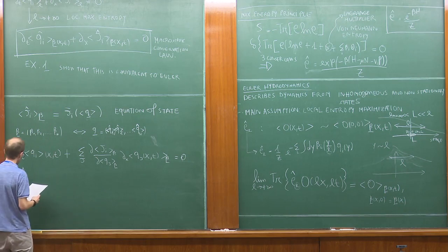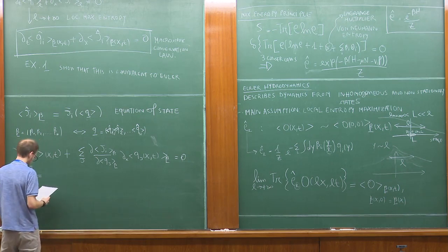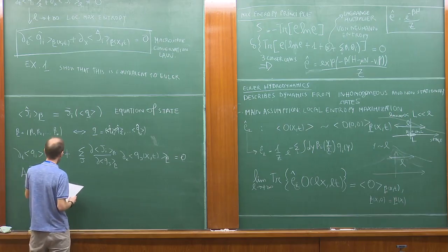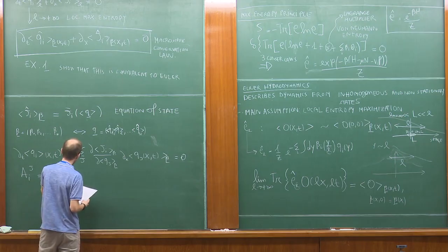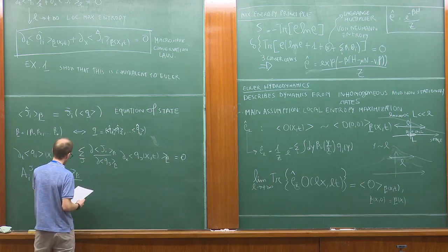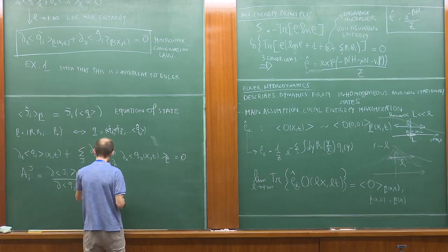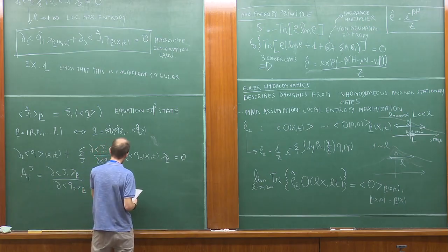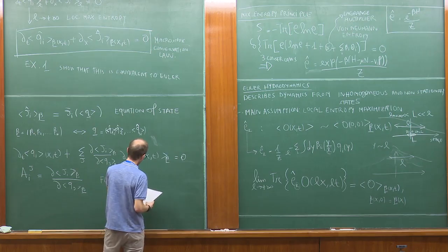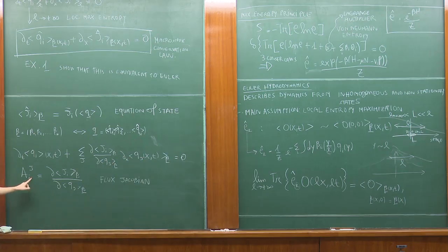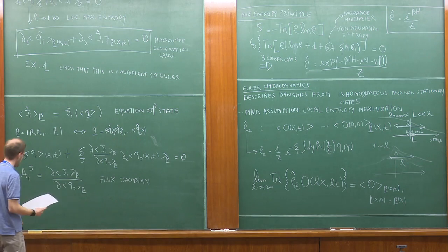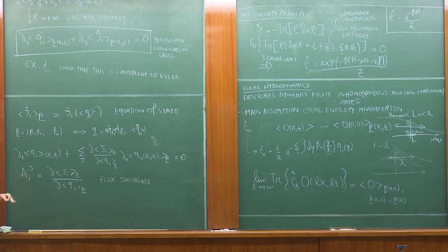Now we define this object. This is called flux Jacobian. And it's a matrix in the indices I and J. If you want to visualize it as a matrix, this I, you can interpret it as a row index and this J as a column. If you have a discrete set of conservation laws, if you have a continuum, it's different. But it's a matrix, and it's dependent on the densities, okay?